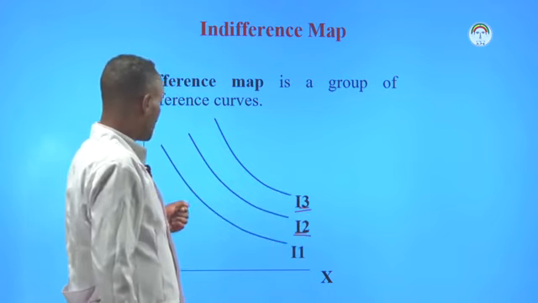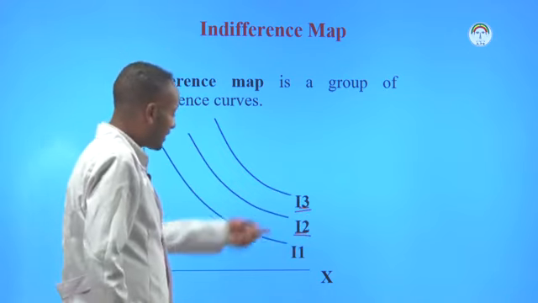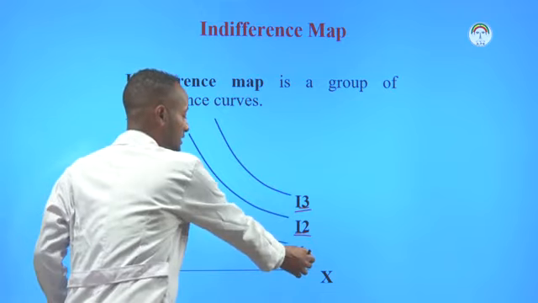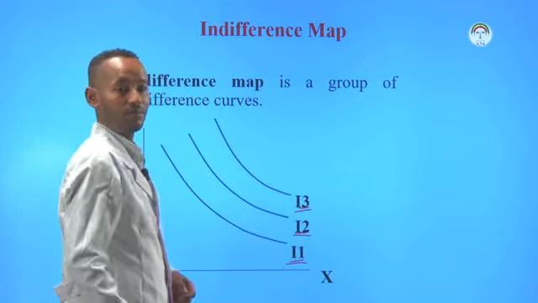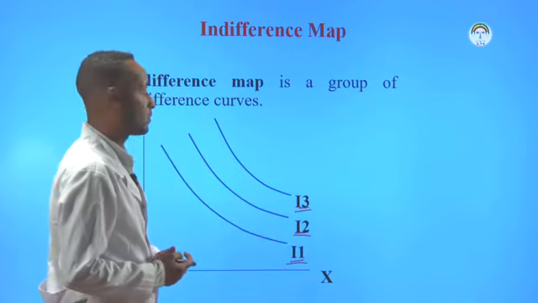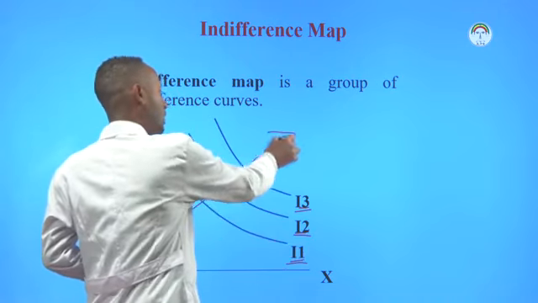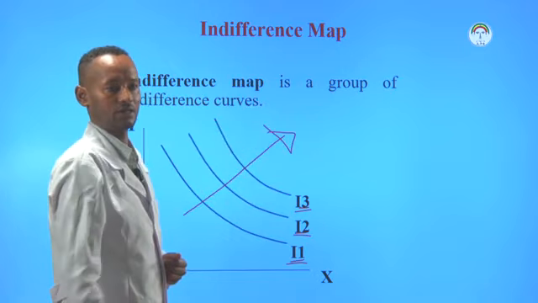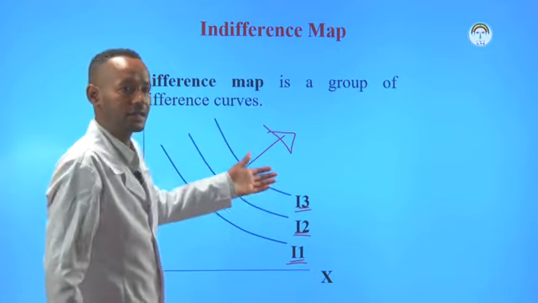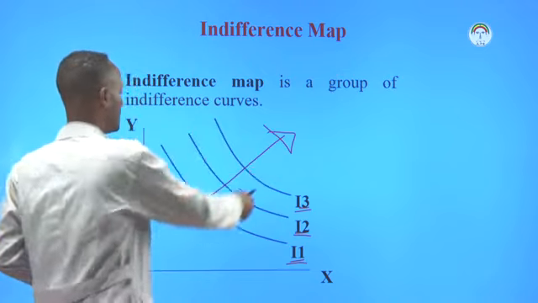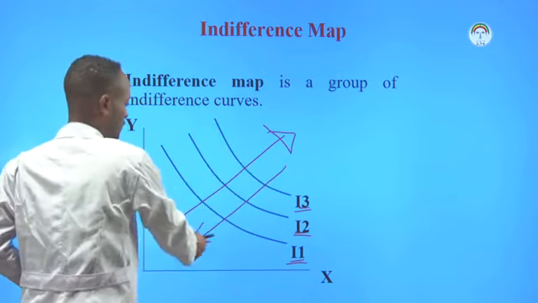Again, the satisfaction that we get from indifference curve 2 is higher than the satisfaction that we get from indifference curve 1. So the level of satisfaction increases as one moves towards the northeast, and the level of satisfaction decreases as one moves towards the southwest.